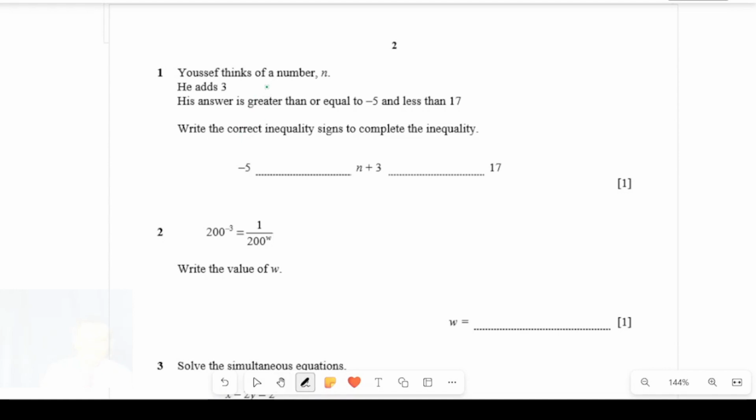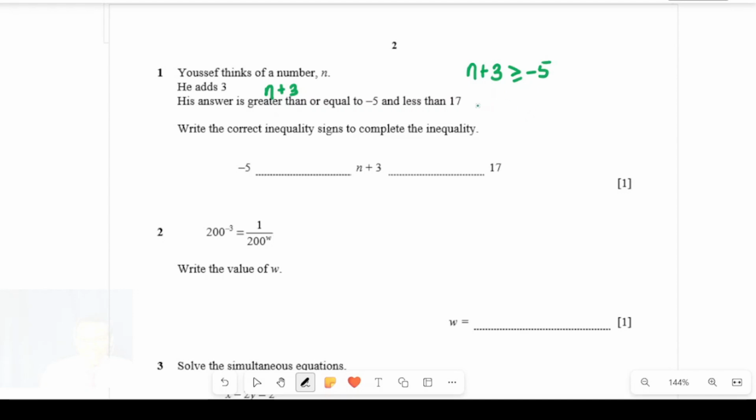So n plus 3 is greater than or equal to minus 5, that is 1.